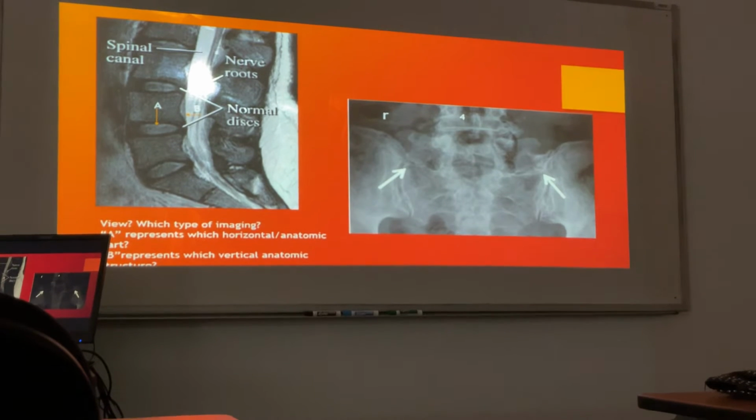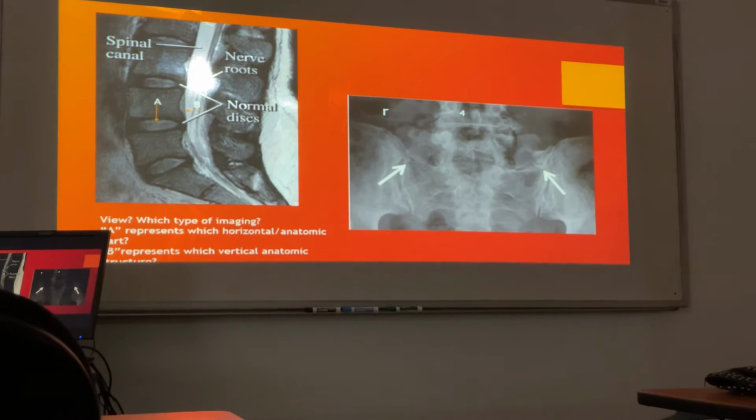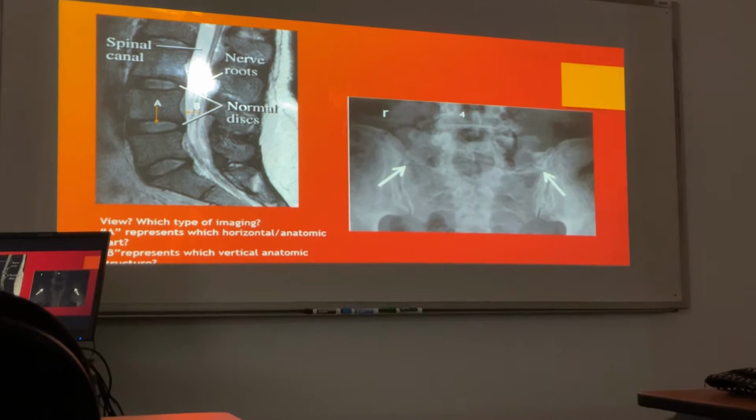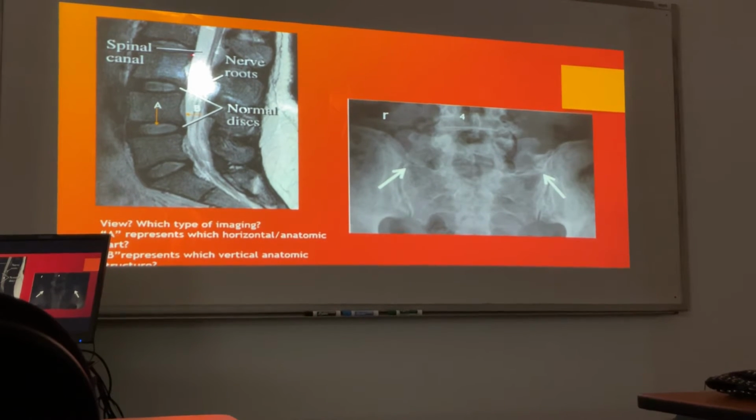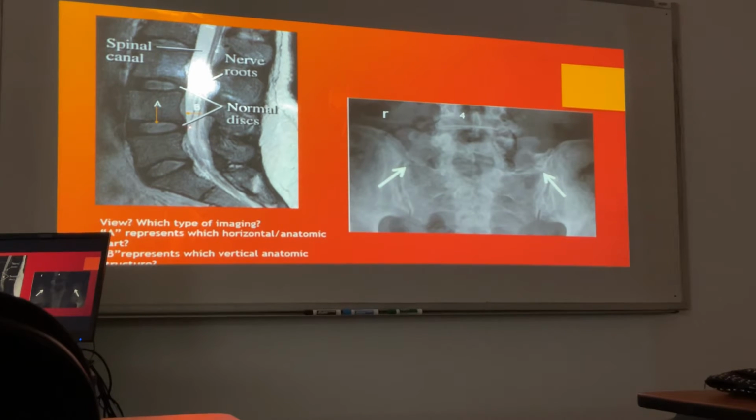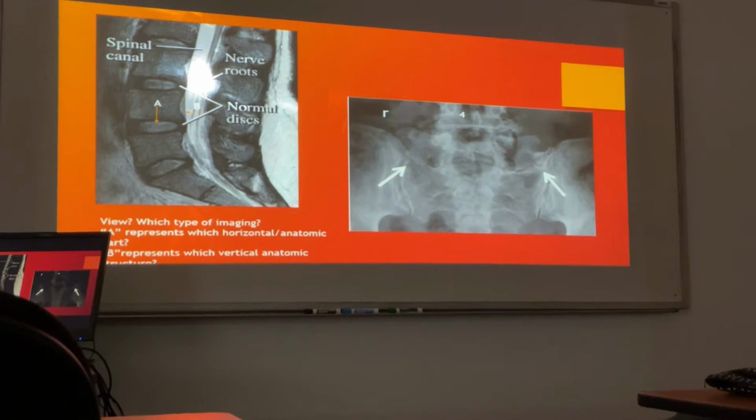Now, the reason I want you to think about this, which is what? The PLL. Notice the normal concavity to the posterior aspect of the vertebral body. That's normal. And as this disc herniates posteriorly, it will push the PLL out of the way.